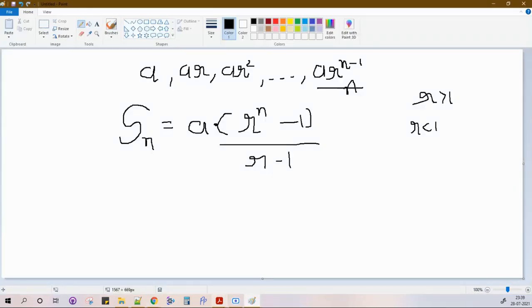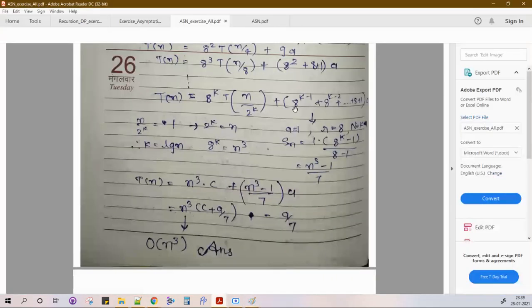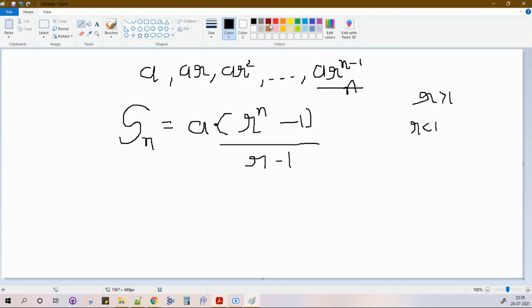Now we have this series. If you take it in reverse order, it is 1, 8, 8 square, 8 cube, something like this. So first step is nothing but 1, multiplied by 8, multiplied by 8, multiplied by 8, like this up to k minus 1, right? So how many steps am I having? k minus 1 plus 1, k steps I have, right? 1, 2, 3, 4 up to k minus 1, and this step 0.